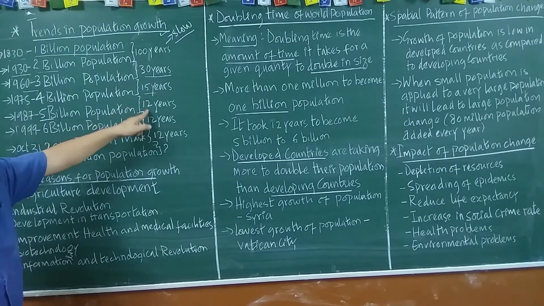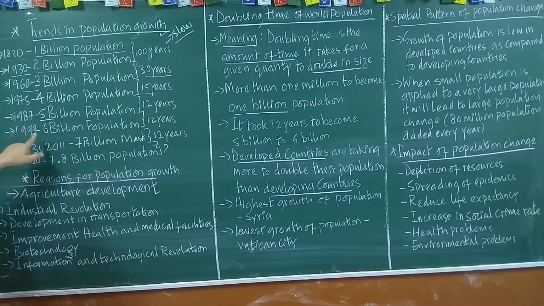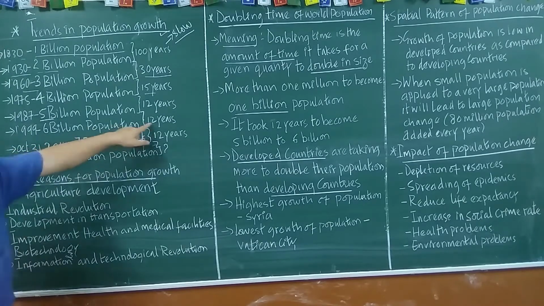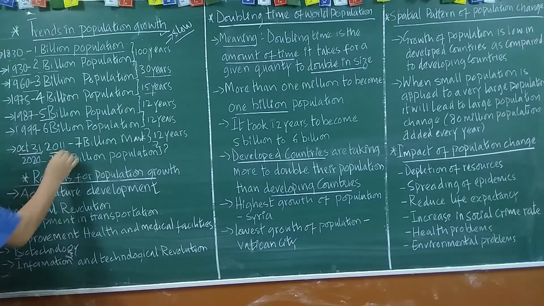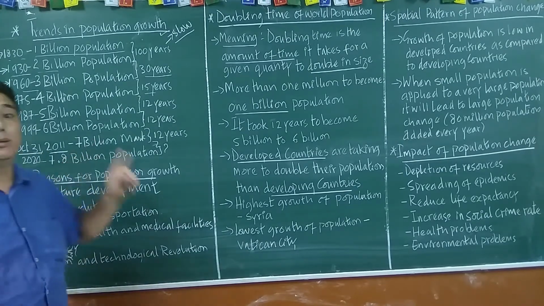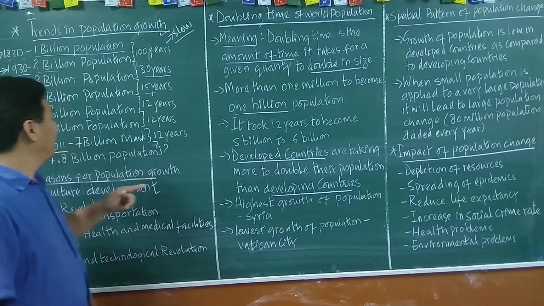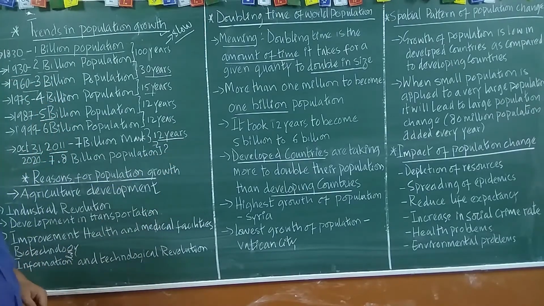Here it took just 12 years. In 1999, our world's population touched the 6 billion mark, and it took 12 years. Very important: on October 31, 2011, the world population became 7 billion, and it took just 12 years.